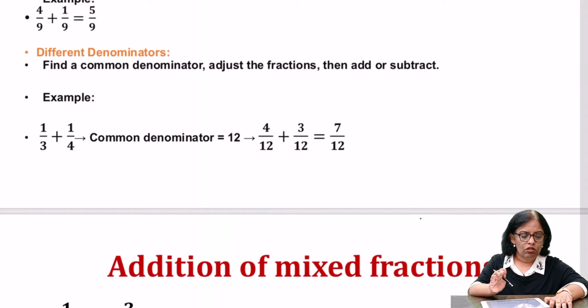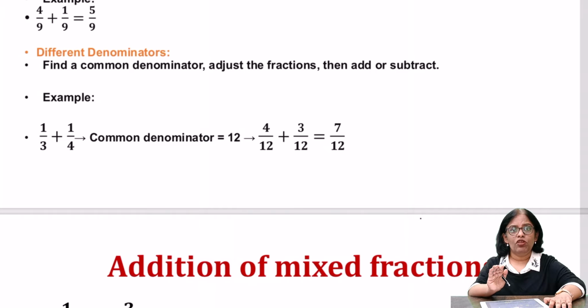See, 1 upon 3 plus 1 upon 4 are my fractions, and I have to add these fractions. Means what? Immediately I can't add it because the denominators are different. But I'm sure you people must know how to find out the LCM of the denominator. So the LCM of 3 and 4 is 12, right?